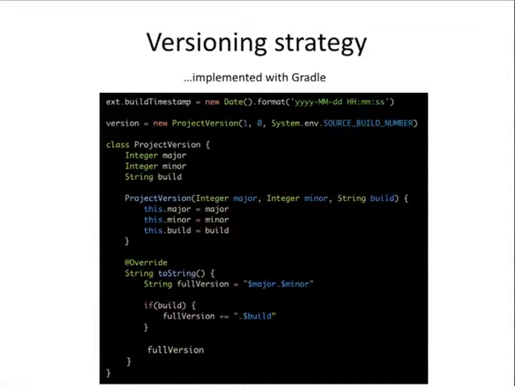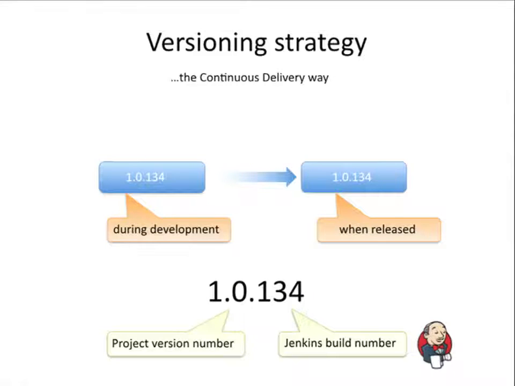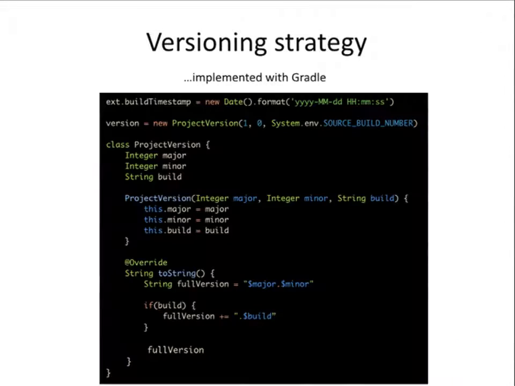And whenever we call the toString method here, we simply put together these attributes into the full version. And then we simply assign this to the version property in our project. Anything here can be dynamic. For example, you can see here we use an environment variable which is passed down by Jenkins. This is the Jenkins build number that I mean down there. So that is one way to model it. So you automatically get an environment variable out of the box for every job that you run.